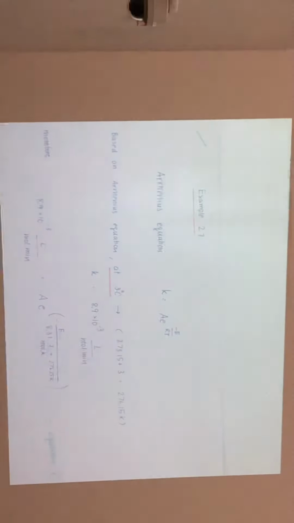R is a constant, 8.31 joules per mole per Kelvin. This is considered equation 1, because it is at the temperature of 3 degrees Celsius.